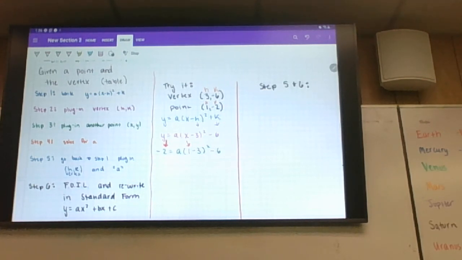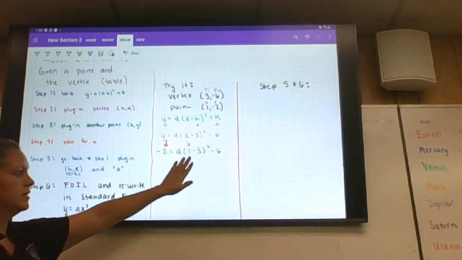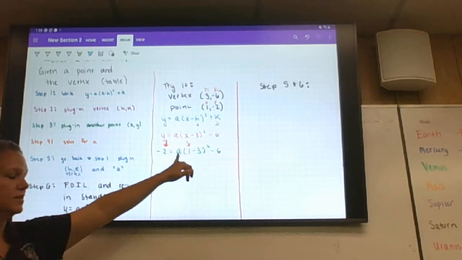So now you plugged in 4 different values, and now you can do the math to solve for A.